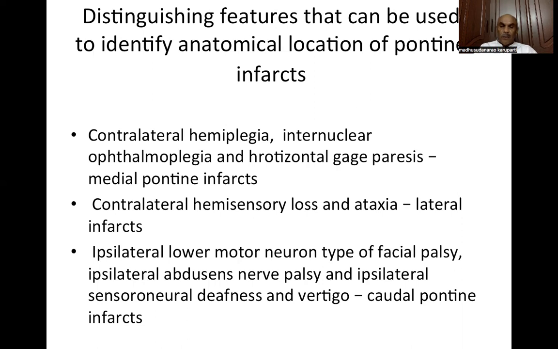So in the caudal part of the pons, you have got the eighth nerve nucleus, the abducens nerve fibers, and facial nerve fibers. So it results in the ipsilateral lower motor neuron type of facial palsy, ipsilateral abducens nerve palsy, and ipsilateral sensorineural deafness and vertigo. These are the features of caudal pontine infarcts.